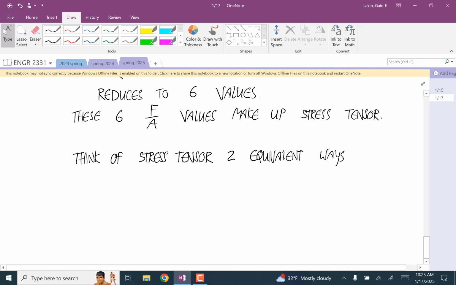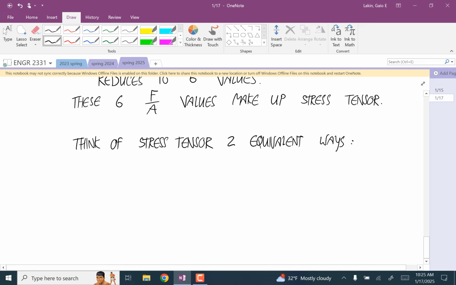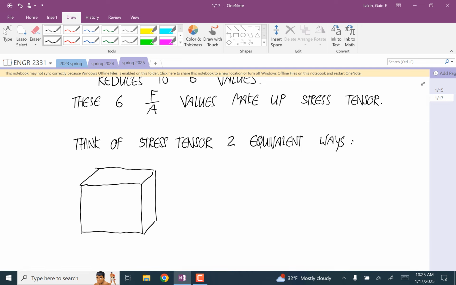So on the cube, this is the way we're going to label these values. The face that you're on, so we only have to label the positive faces.